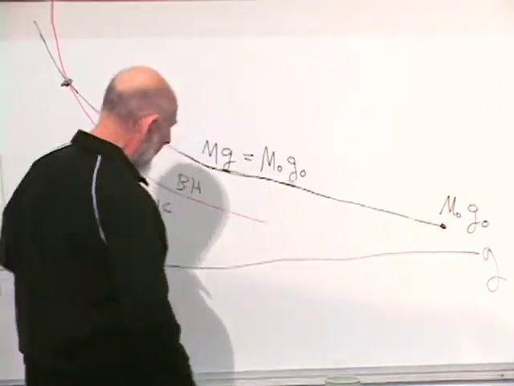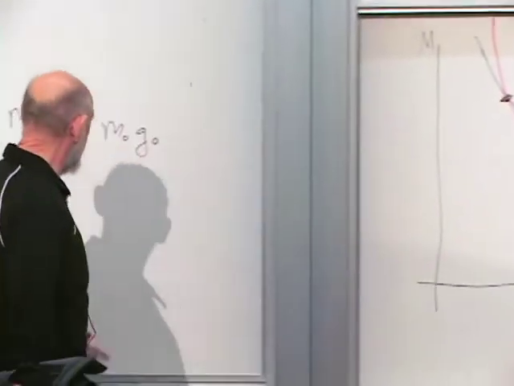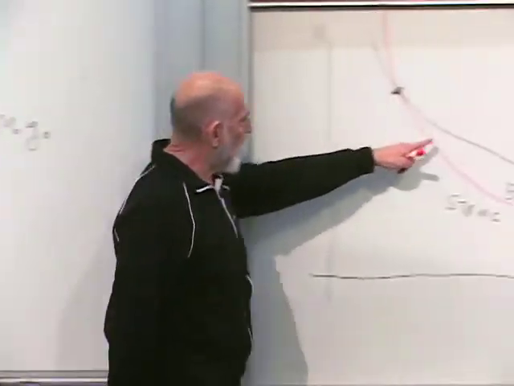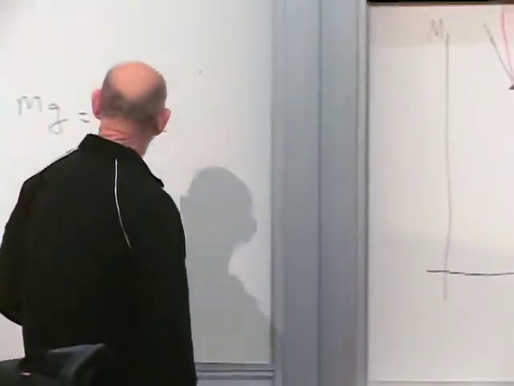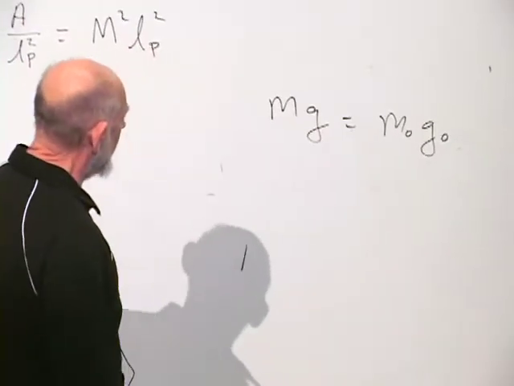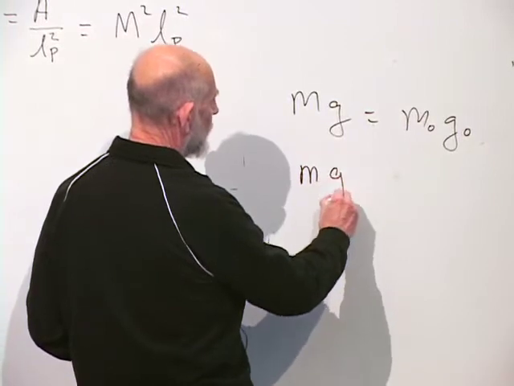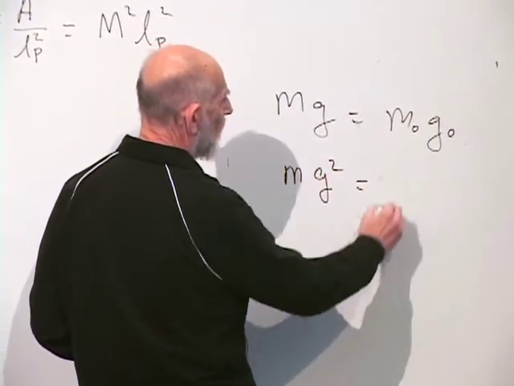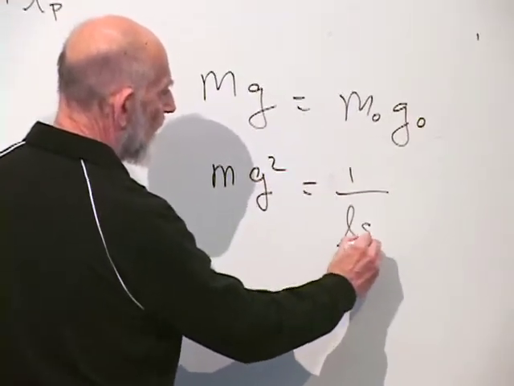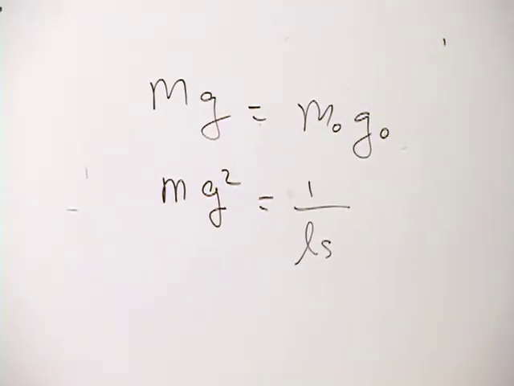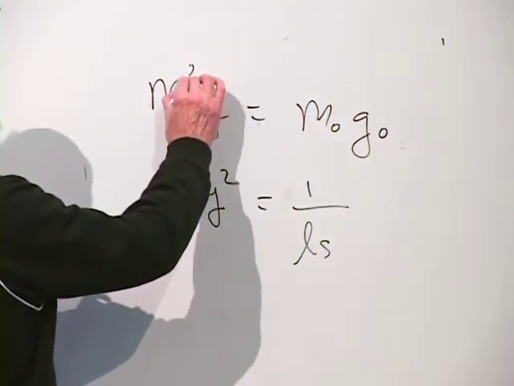We're playing a little game which is changing it, but let's see what we find. That's one equation for the black line. The equation for the red line, I erased it. What was it? It was m over g squared equals 1 over L string, I think. Yeah. Right.